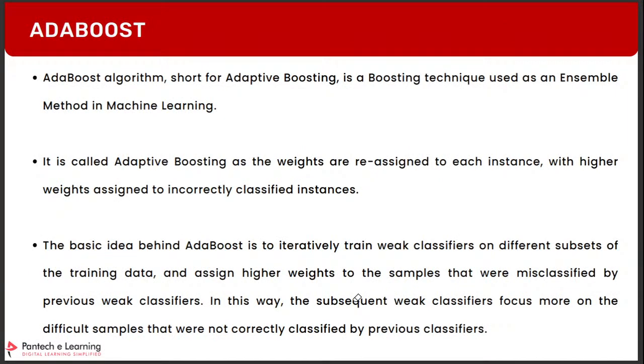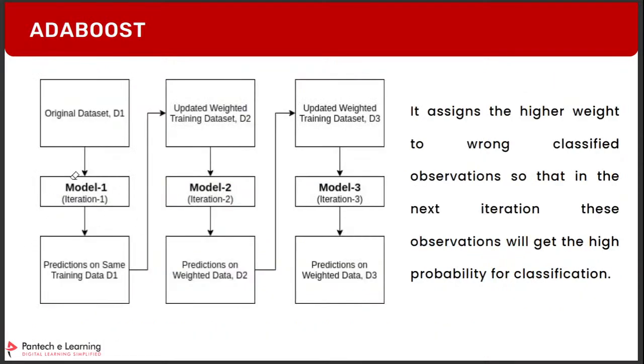Here it is a boosting algorithm. The first time, it is not going to run parallel algorithms. It will start with one algorithm. This is the first model, and the original data set will be given. It will give some predictions, right? It will have the testing data also. It will find the wrong outputs, and those will be assigned more weight.